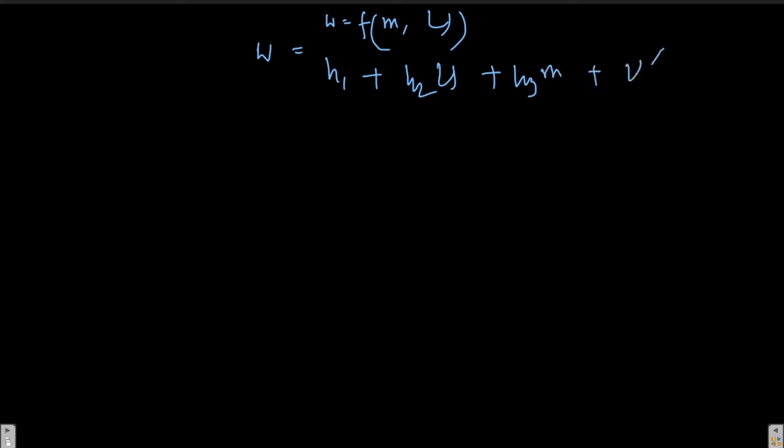Now, if it is a case of over-identification, we can use the same strategy. So, for example, in our previous case, W was related to, let's say, both money supply rate as well as unemployment rate. So instead of one instrumental variable, I can have W = H1 + H2 U + H3 M + some U prime.